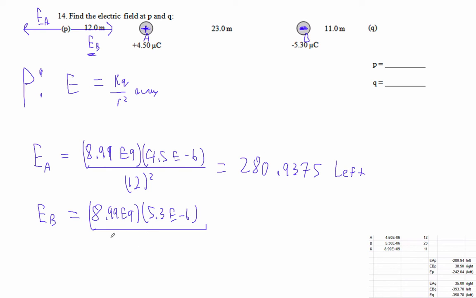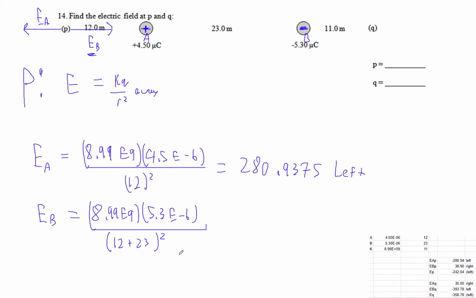Okay, and then how far away is this guy? Well, it's 12 plus 23. And that's it. 12 plus 23, and we got to square that. We can do that. Okay, so let's go, boom. Let's change this to 5.3.